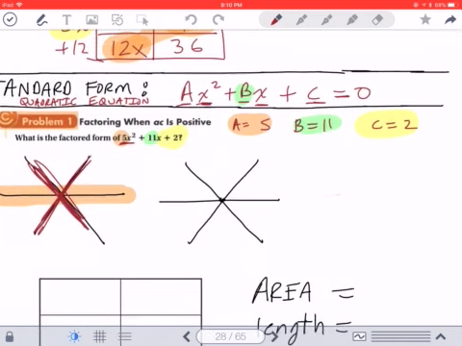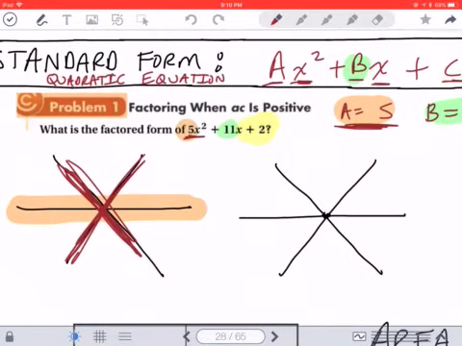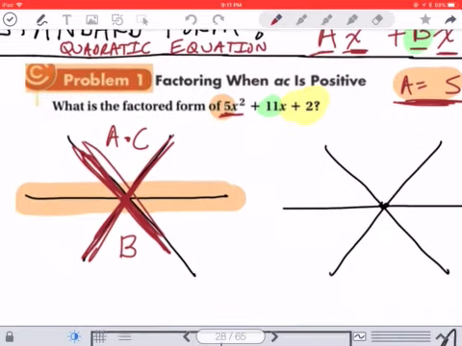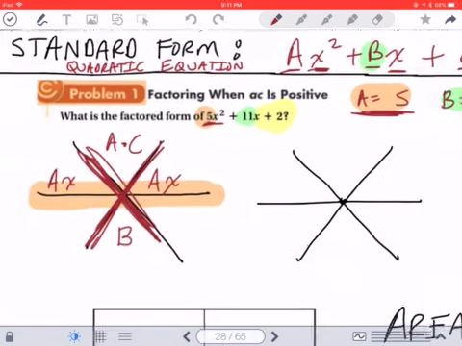When you're factoring these types of trinomials where a is greater than 1, you have to do it a little bit differently. So I'm just going to write the template here. You're going to multiply a times c here. B still goes here. And then you're going to write ax here and ax here, whatever a is.